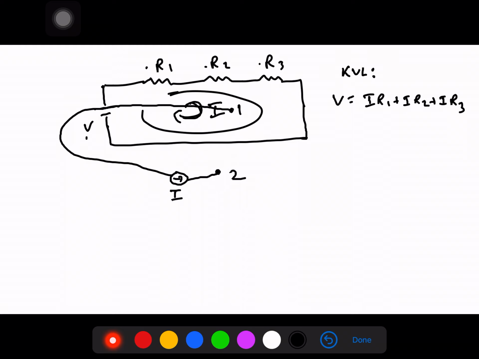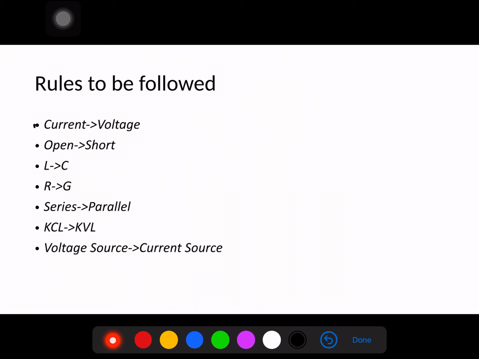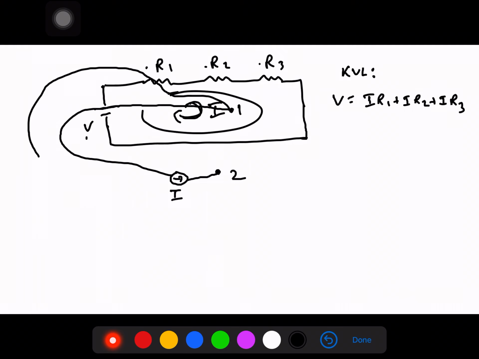Now I'm going to connect 1 and 2 again through R1. It will be something like this. Since I'm passing through R1, if you remember the duality rules, the resistance will be converted into its conductance. So I will use a conductor here with the value G1, and I will connect it to 2.